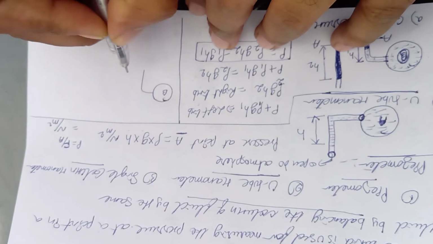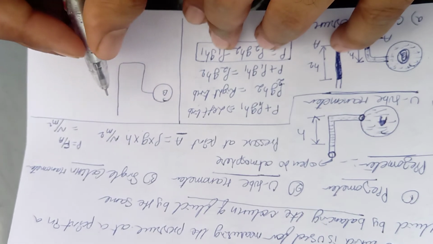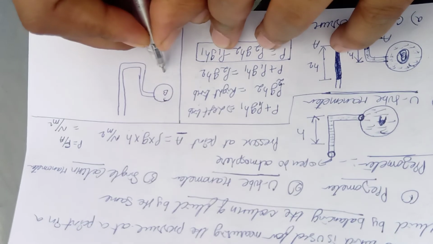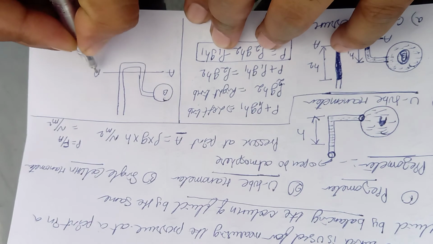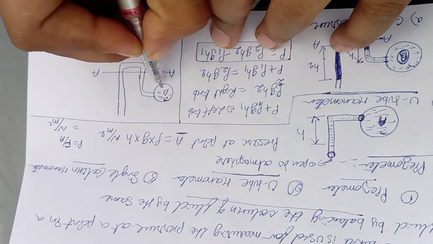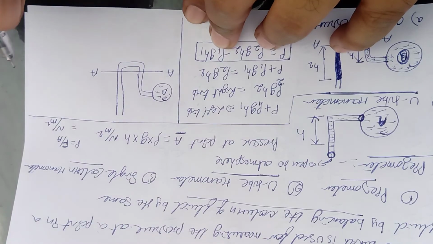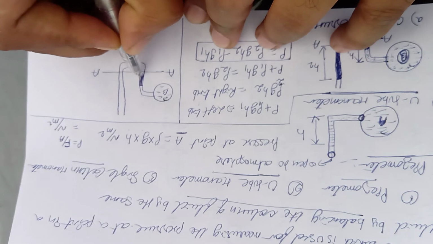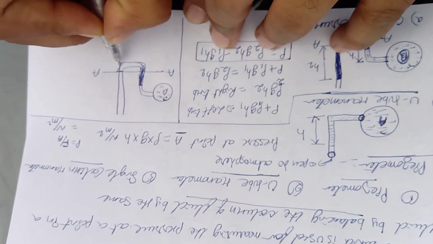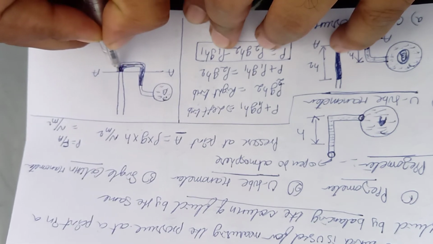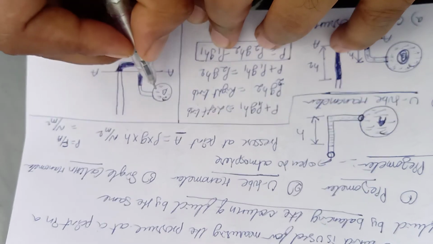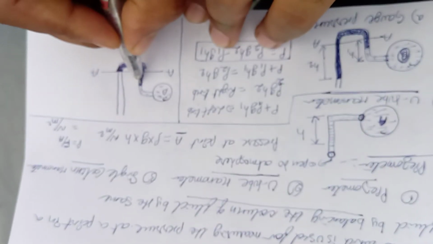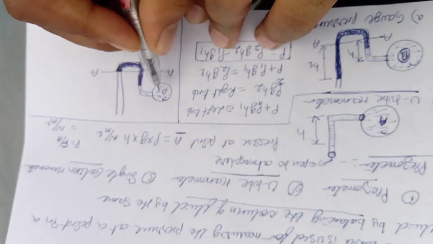I connect a U-tube manometer to this, and this is my datum line A. This is a liquid, let's take water, and this other liquid is heavier than water, whose specific weight is greater than this one.